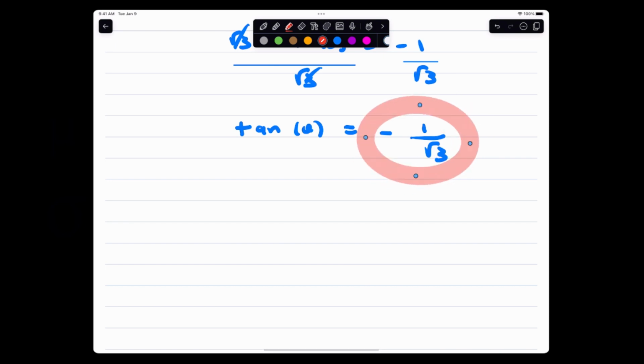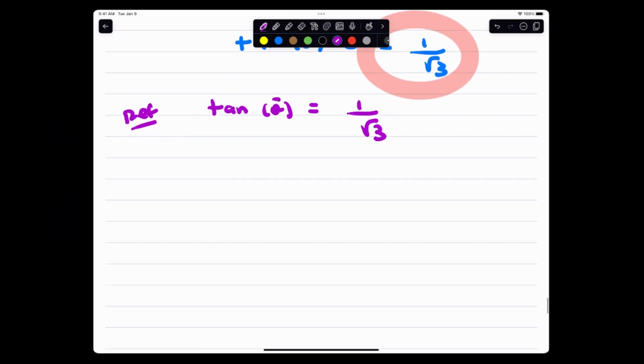When you're looking for the reference, you're going to look for the quadrant 1 solution. You're going to use that reference angle. That's a positive angle. So this is where the reference starts to come in because you're going to have a special triangle. All right, you guys okay with that?